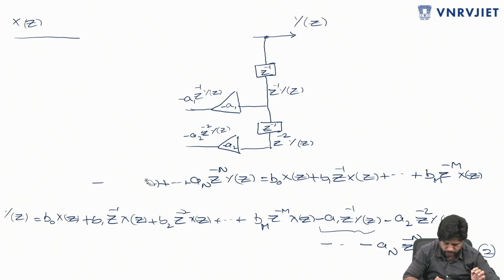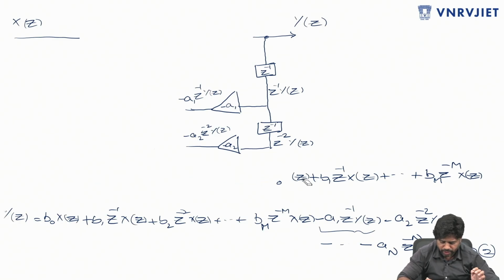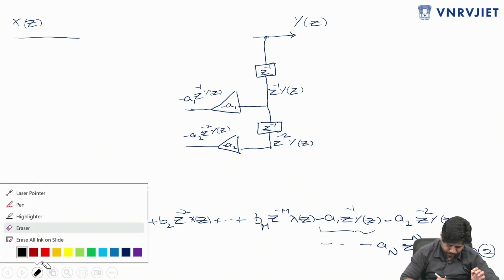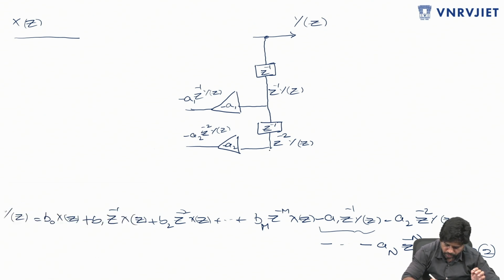You can draw as many stages as you want, z power minus 3 y of z into minus a3, so like that. And here one more z power minus 1 will be there. Finally the constant multiplier will be minus an.